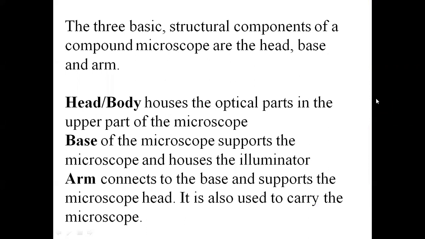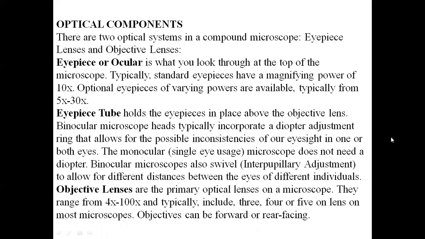Fine. So I already told you the three basic components, or parts, of your microscope: that is your head, base, and arm. Now comes the question of what the optical components are. I have already told you in the figure itself, but we'll take some theory also.